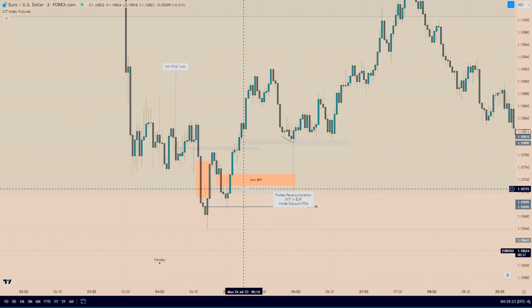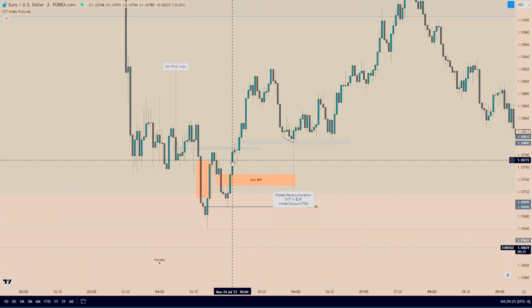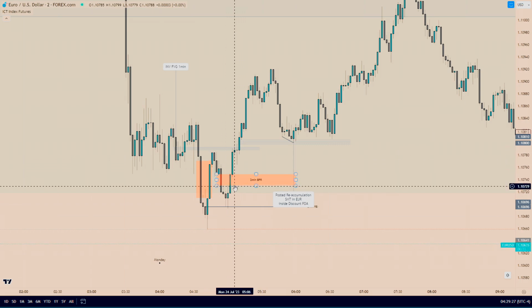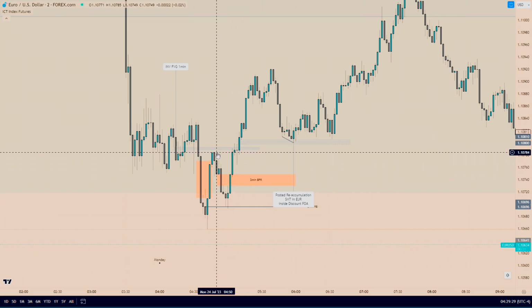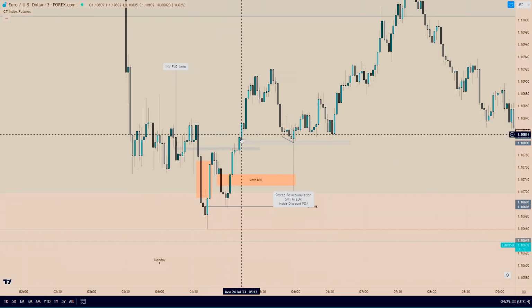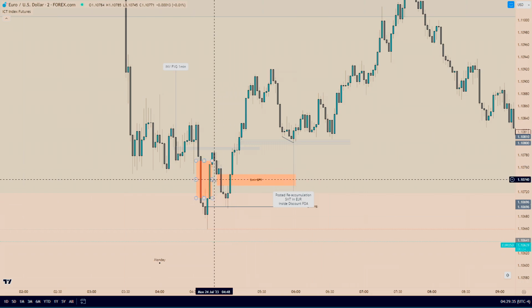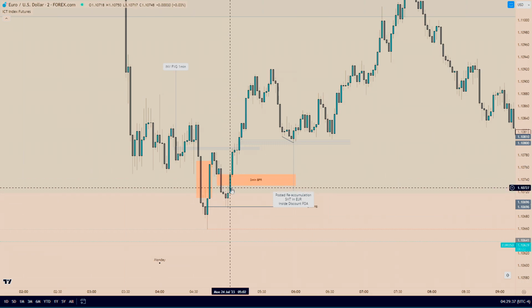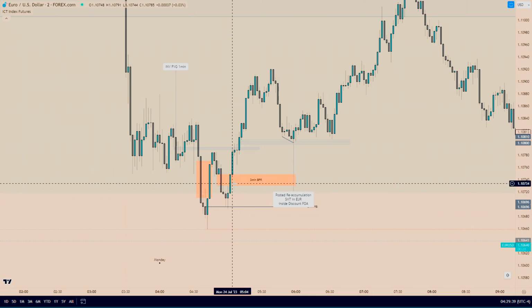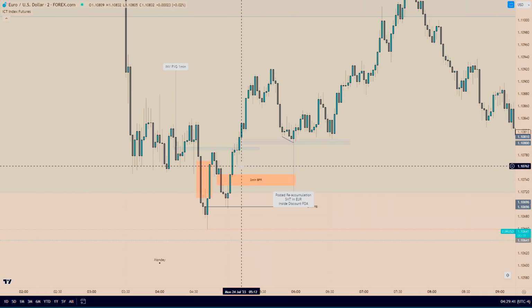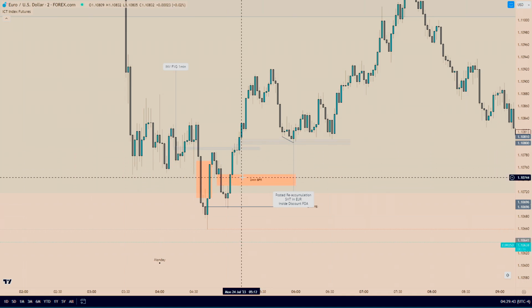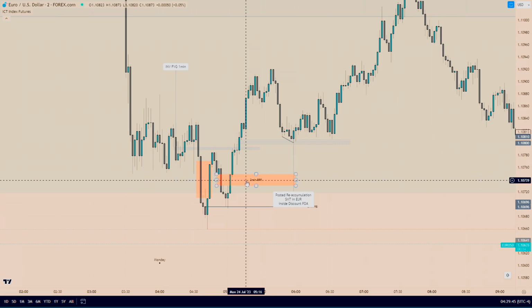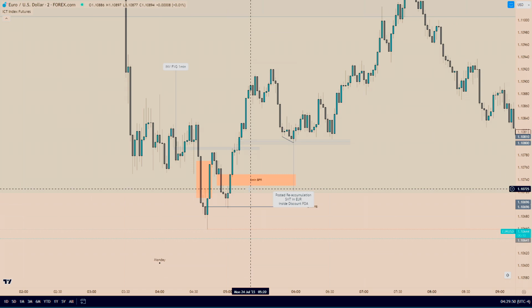So what are we saying? We are saying that given the fact that price was willing to trade above and through two opposing PD arrays, we can safely assume that the range formed at this location is a balanced price range, and that we do not expect or anticipate price to engage back down to this area.